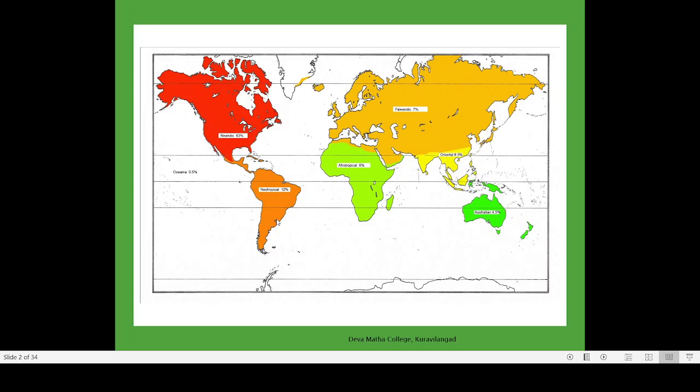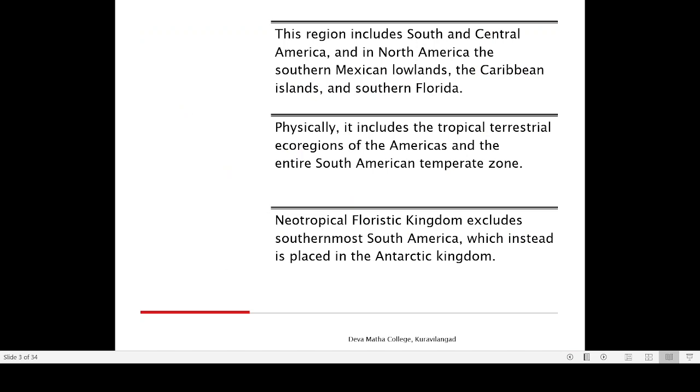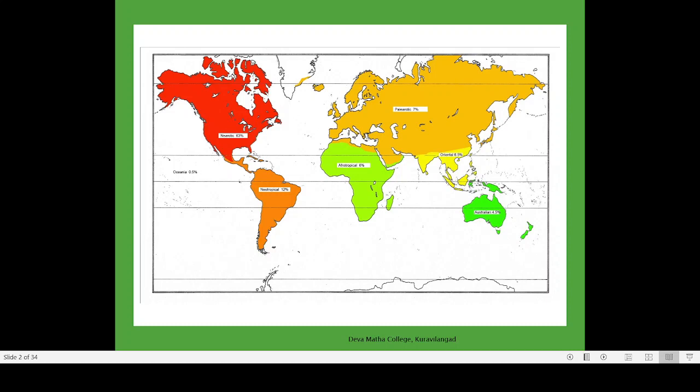Here there are some countries like Argentina. Argentina is one country here. Then in this region, Chile is there. So these are some of the major countries. Then few more countries are also there. And all these countries are coming under the temperate region. So coming to the South American realm, we are finding two types of region.